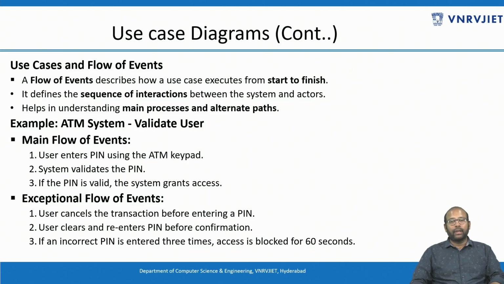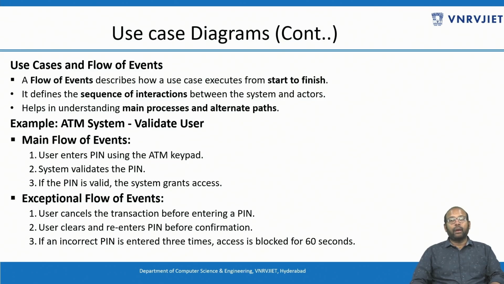But sometimes while entering the PIN, he may forget the PIN number or enter the wrong PIN number. That you are going to represent as the exceptional flow of events: the user cancels the transaction before entering a PIN, or the user clears and re-enters the PIN before confirmation, or if an incorrect PIN is entered 3 times, then access is blocked for 60 seconds.